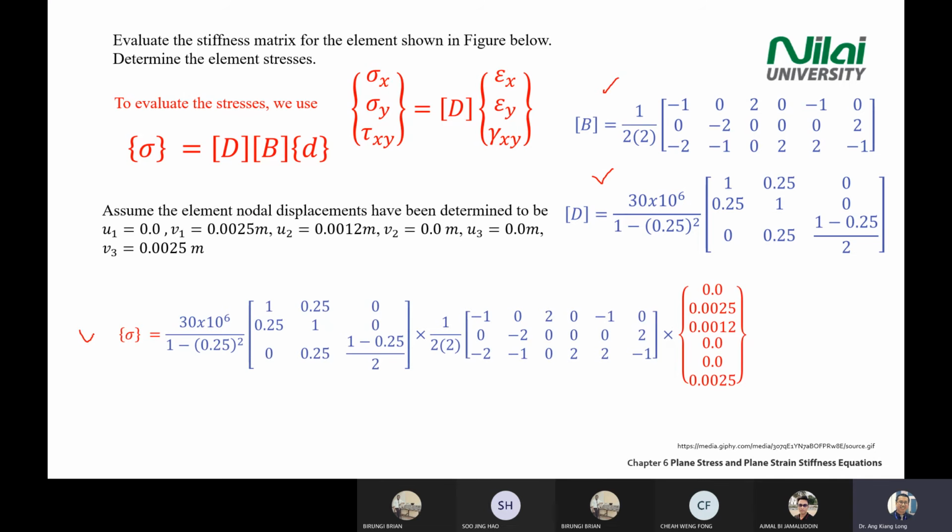In the exam, you need to show these calculation steps, so that we understand what is happening in your calculation. So how do you substitute the numbers in the displacement?